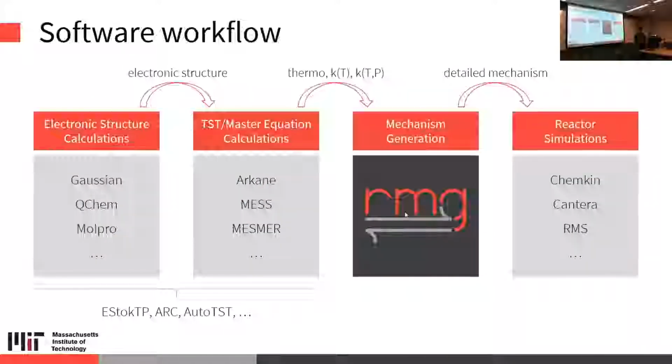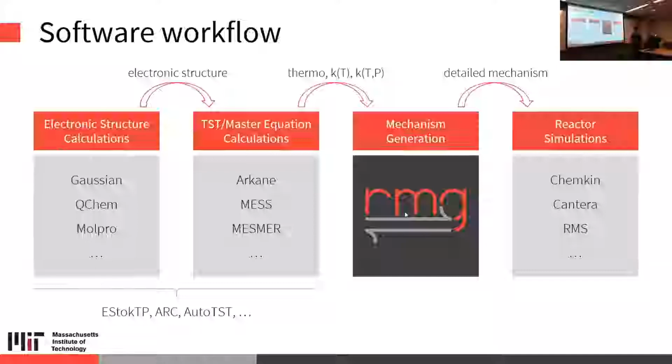And in terms of software, this morning I mentioned Arkane when going through the RMG website. This is just to give you an idea of all these names of software and how it all fits together. So RMG is here in the middle. We generate the mechanisms.